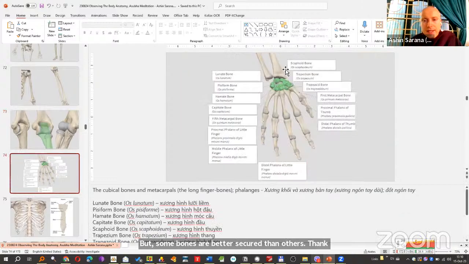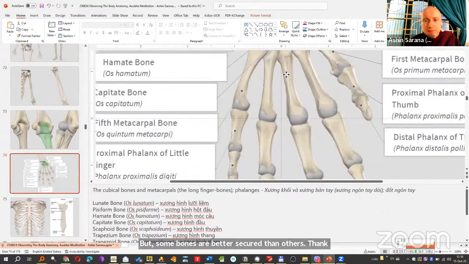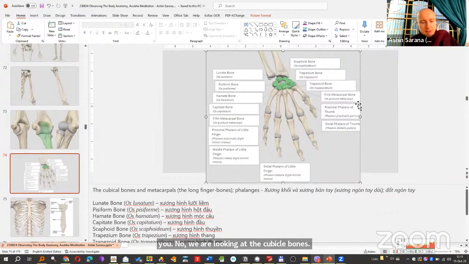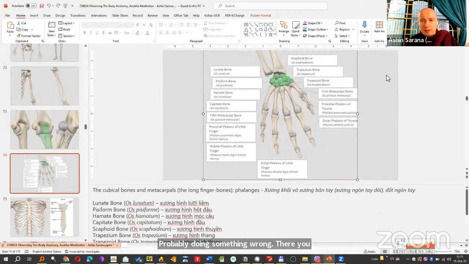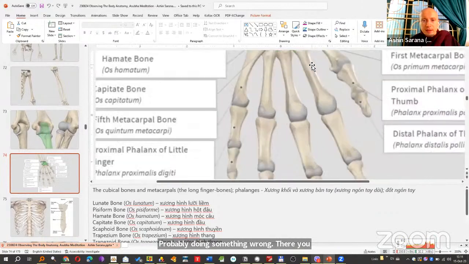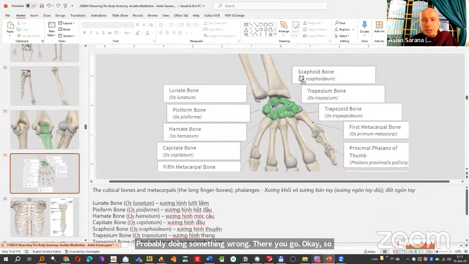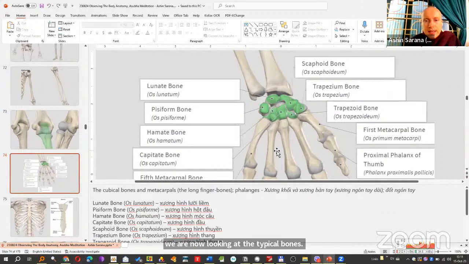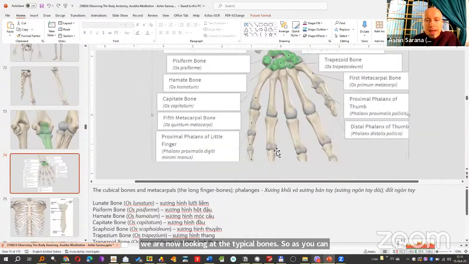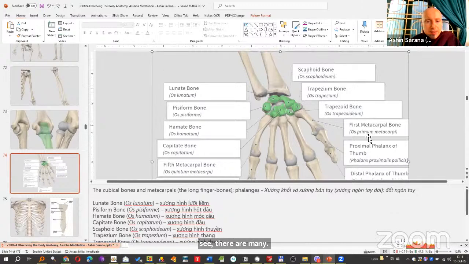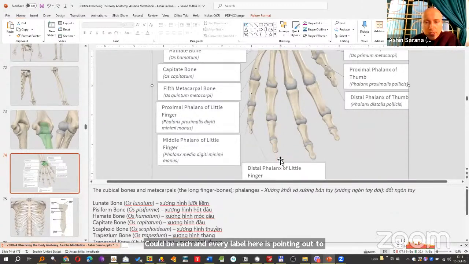Now we are looking at the cubical bones. So as you can see, there are many cubical bones. Each and every label here is pointing out a different cubical bone. So there are quite a few.